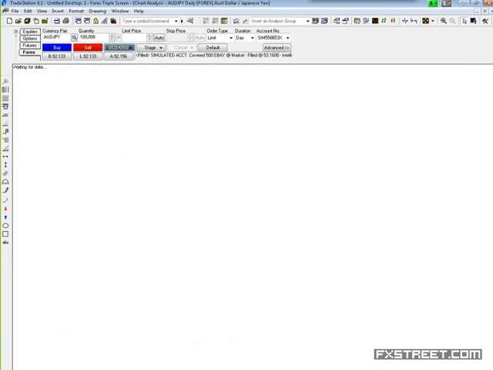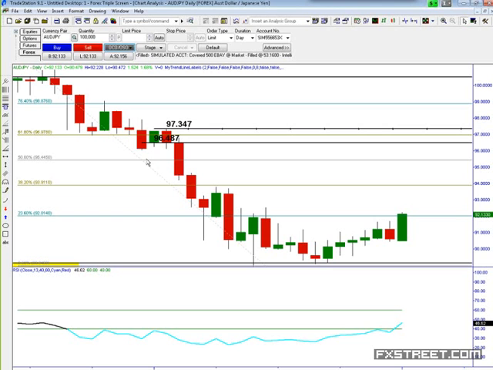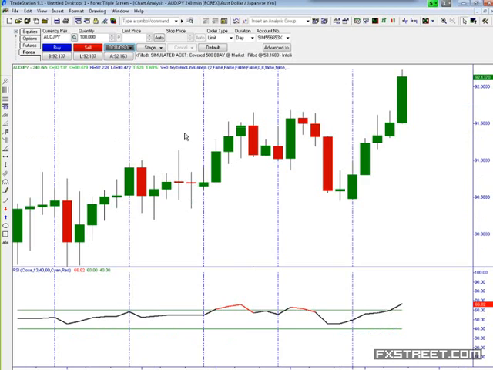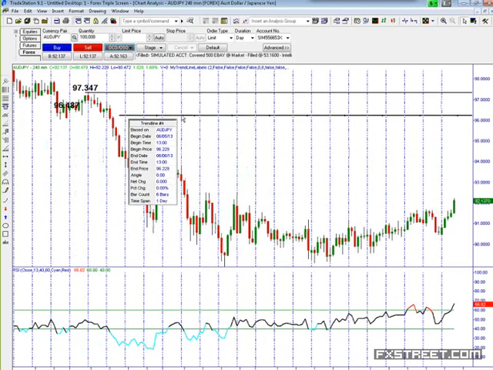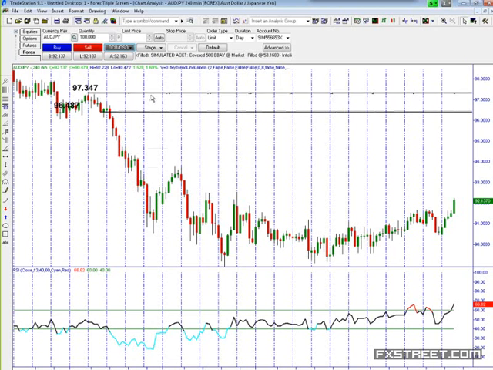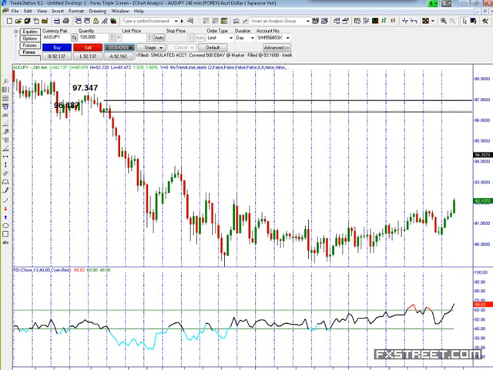So if I get my labels in there, 96.48, 97.34, that's what I would look for. And if I were looking at a 240, oops. Yeah, you might be able to fine-tune it a little bit more right here. You can see that's an area of basing before the beginning of a collapse.